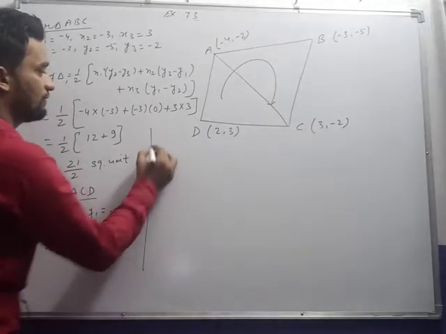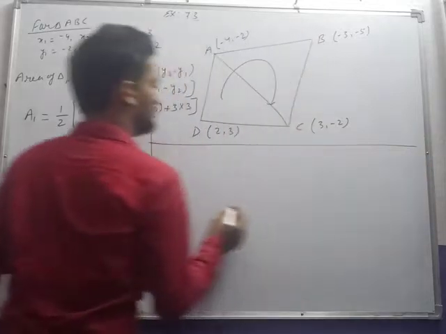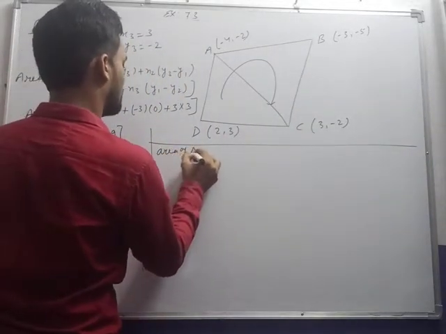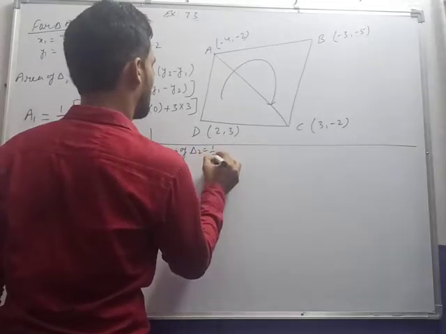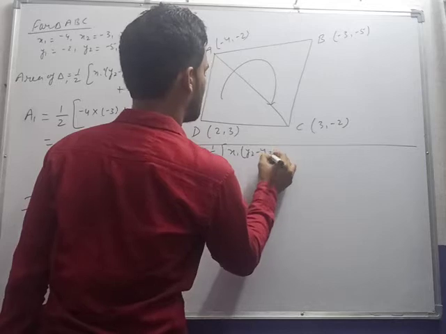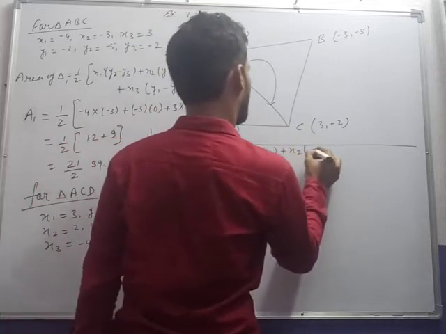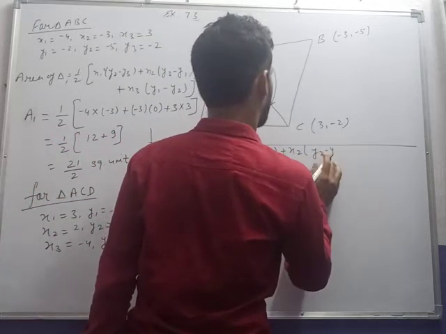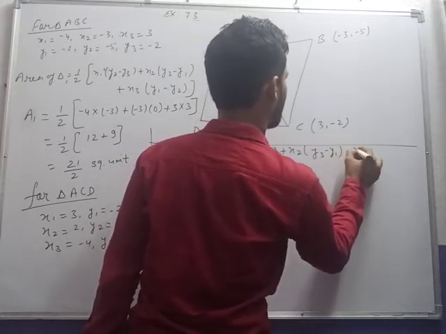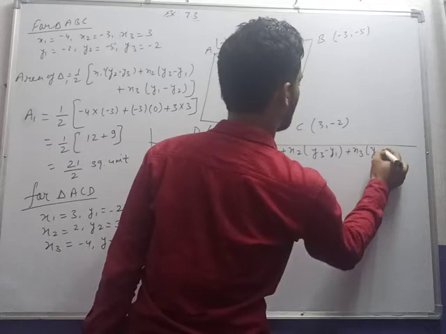Now the area of triangle 2 is 1 by 2 times x1 (y2 minus y3) plus x2 (y3 minus y1) plus x3 (y1 minus y2).